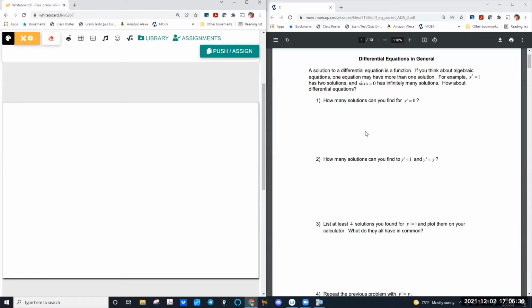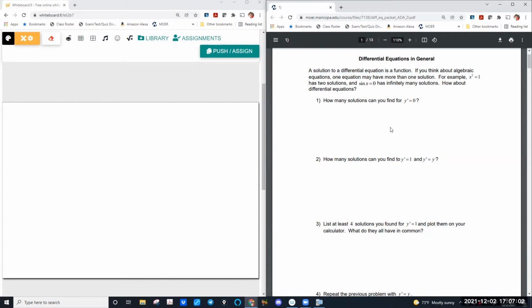And it turns out you guys have solved some differential equations. When you do the antiderivative of a function, that actually could be considered solving a differential equation, because you had an equation that had information about the rate of a function, and you use that to find the solution. And as you can see in this first sentence here, a solution to a differential equation is a function.